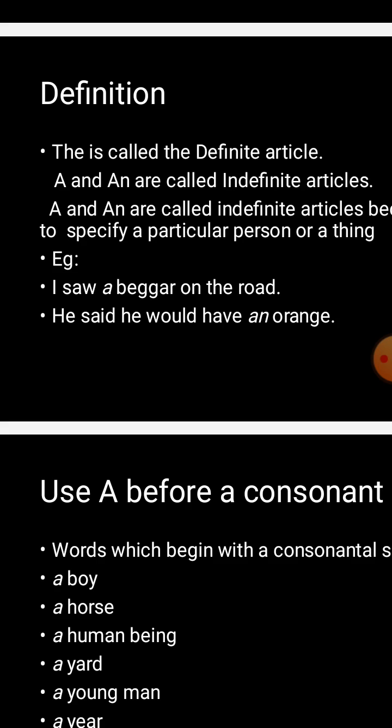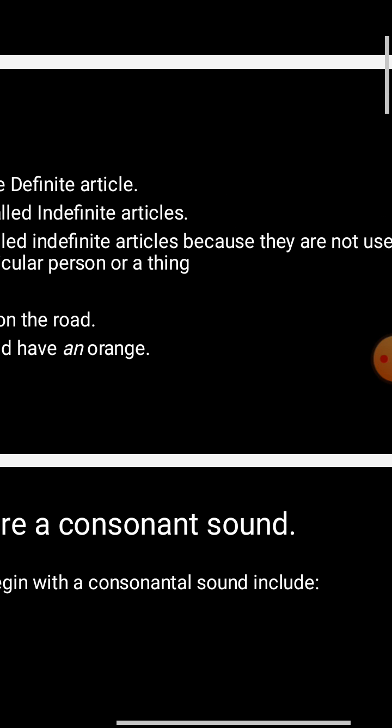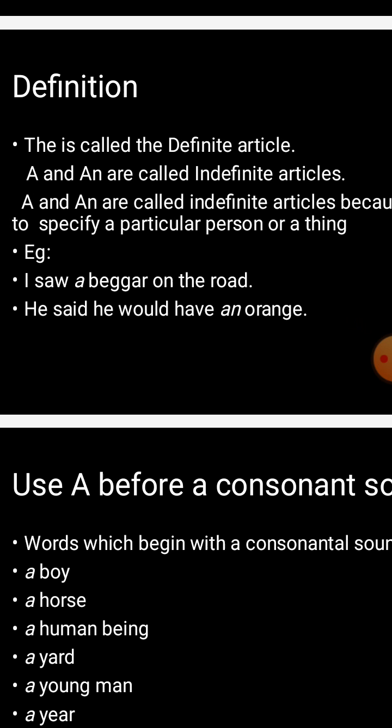So, the is called the definite article. A and an are called indefinite articles. A and an are called indefinite articles because they are not used to specify a particular person or a thing.